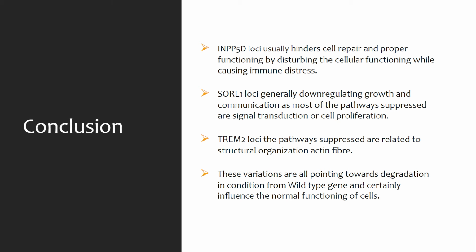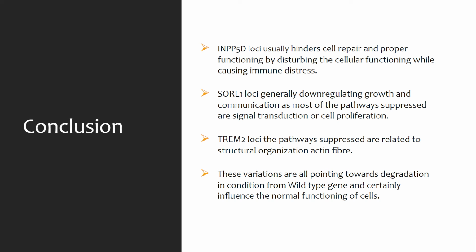Now, the conclusion down here was that the TREM2 loci, as we have seen, the pathway which is suppressed is related to the structural organization of the actin fiber, and the SORL1 loci generally downregulates growth and communication, as most of the pathways suppressed are signal transduction or cell proliferation.